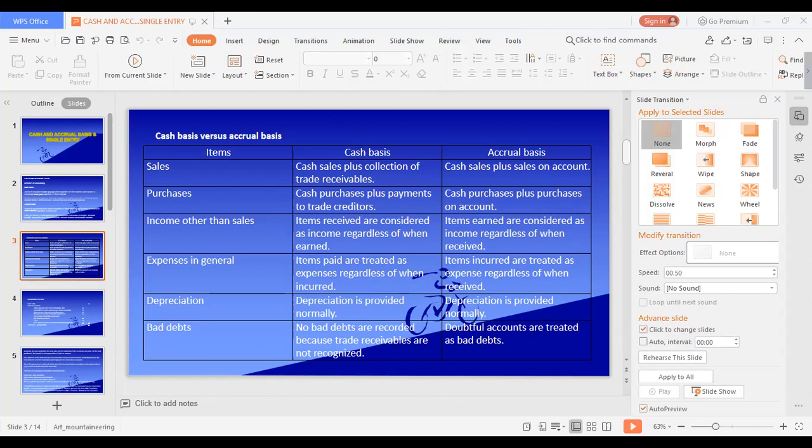Now we go to problem 14-2. Question is, if the entity desires to prepare a cash basis income statement, what amount should be reported as sales for the current year? So we now have your accounts receivable beginning of 400,000. Then we add credit sales of 3 million, total of 3.4 million.